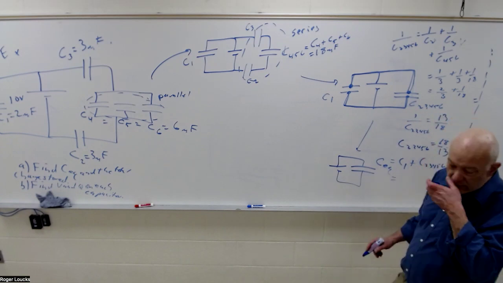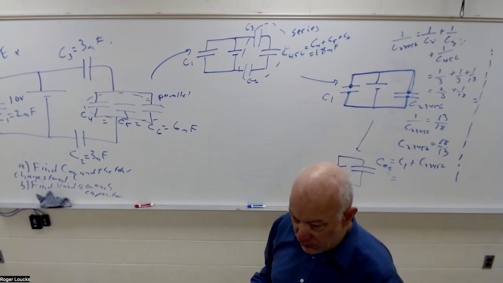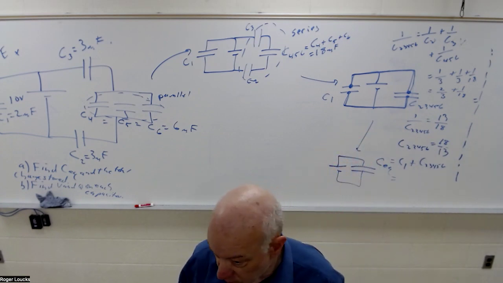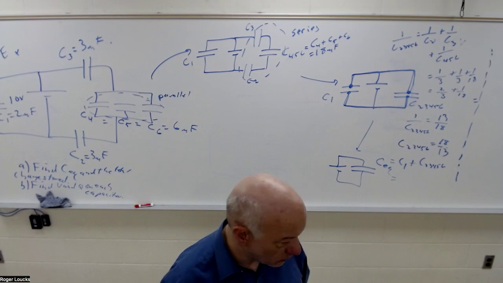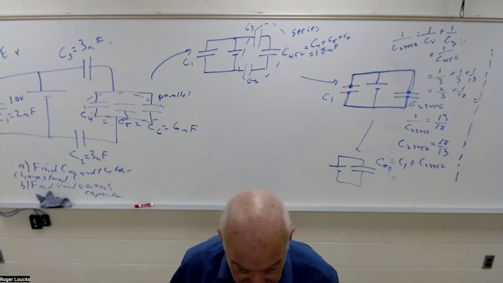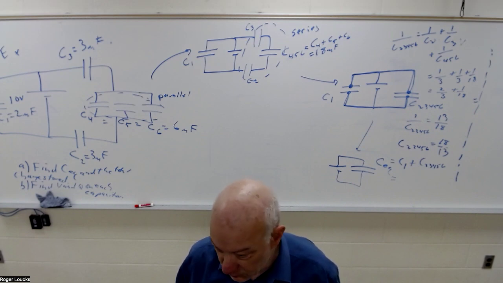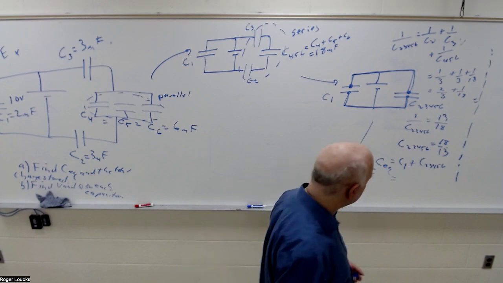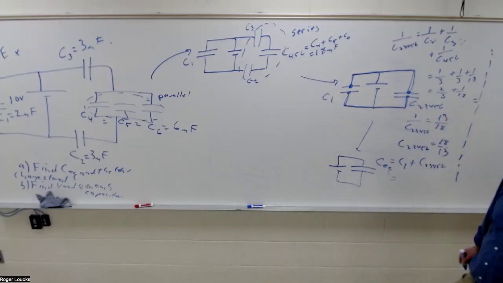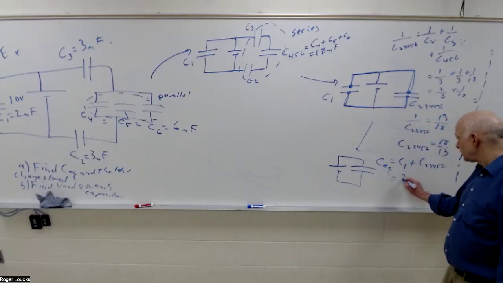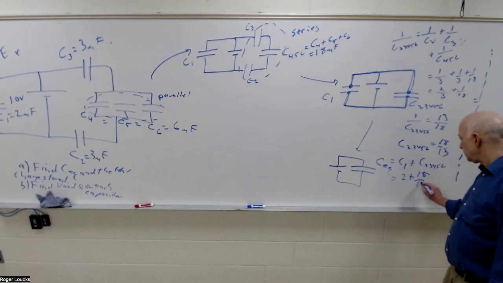If I give you one like this on the exam, I would run the numbers to make certain that you get something reasonable. I would not have you working with 18 over 13. But since I just made the numbers off the top of my head, you end up with 18. So our C1 is 2, and this is 18 over 13.